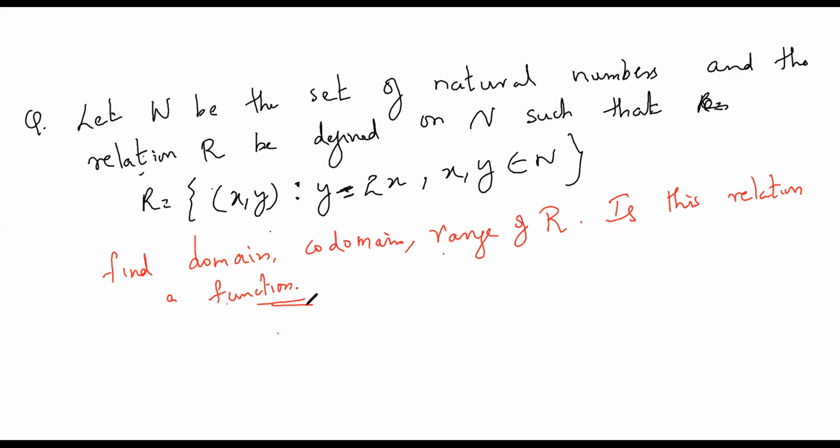The only thing is y = 2x. So the x part is the domain, and the y part is the range. Suppose I put x equal to 1, what is my y value? 2.